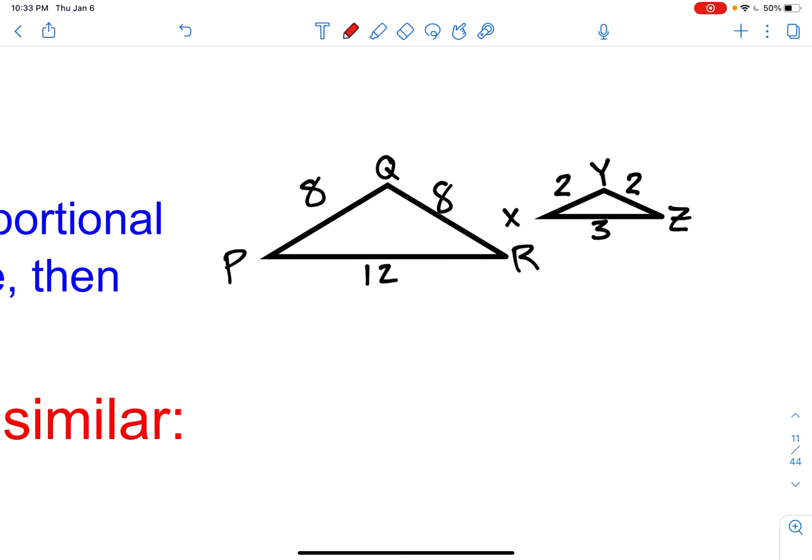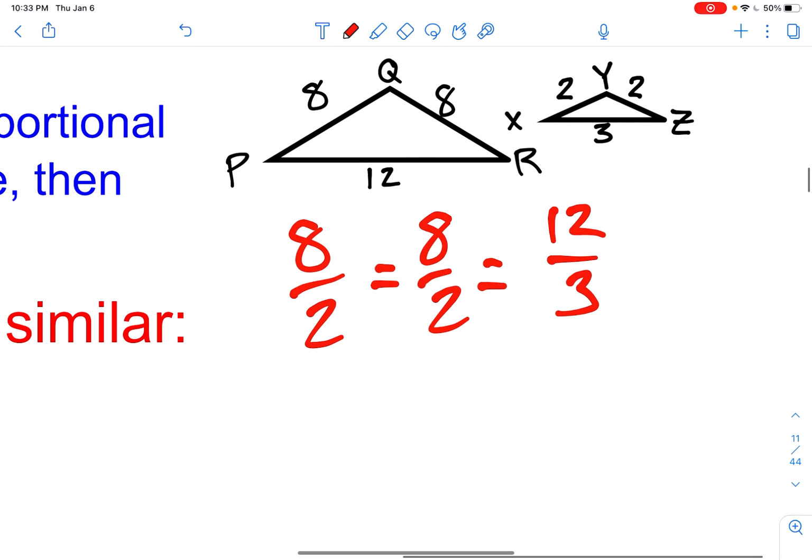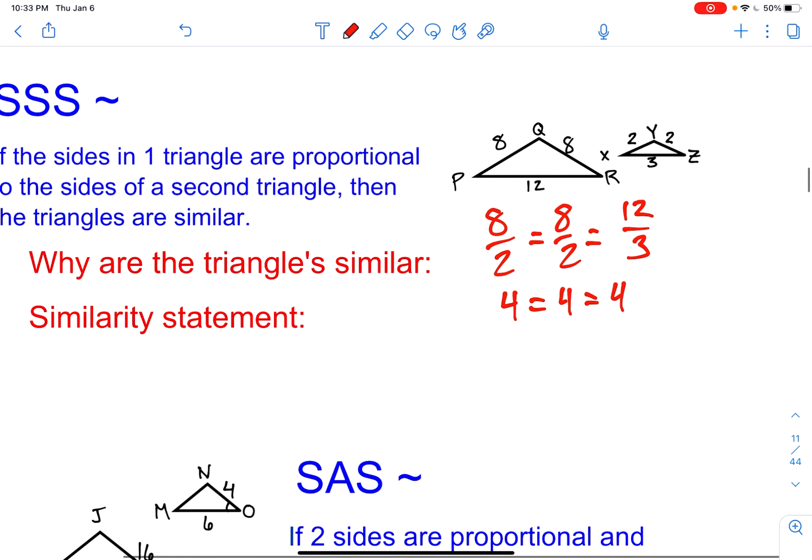So in this case, 8 and 2, 8 and 2, and 12 to 3. Well, are those all in fact equal? This is 4, this is 4, this is 4. So yes, they are.